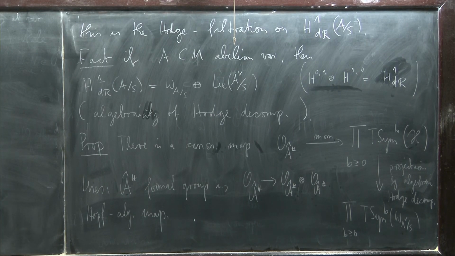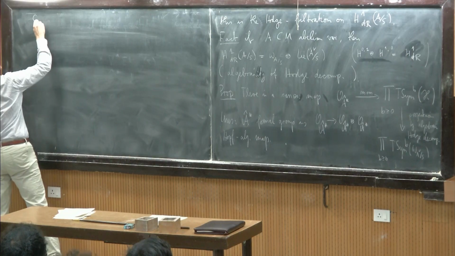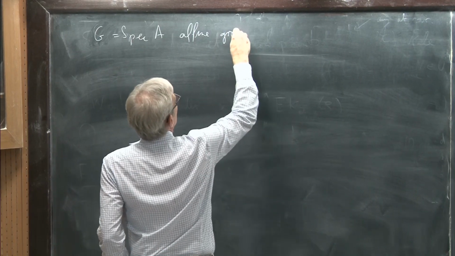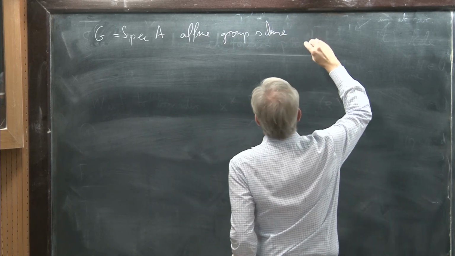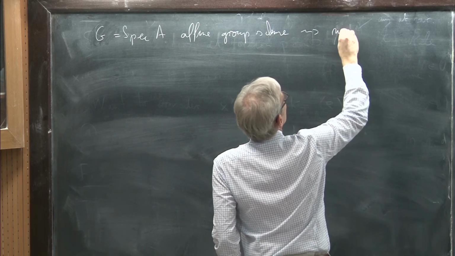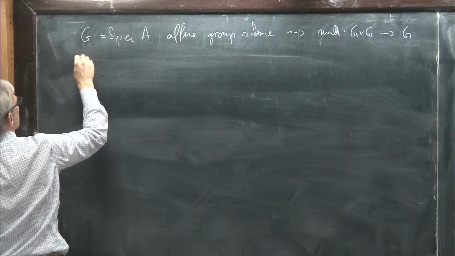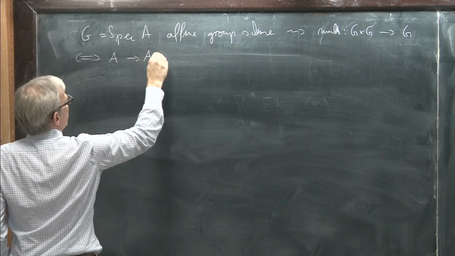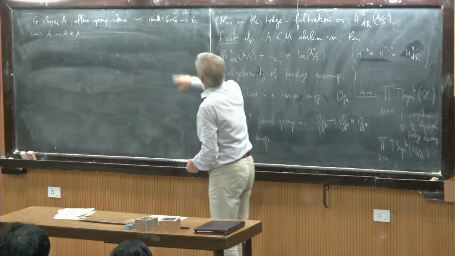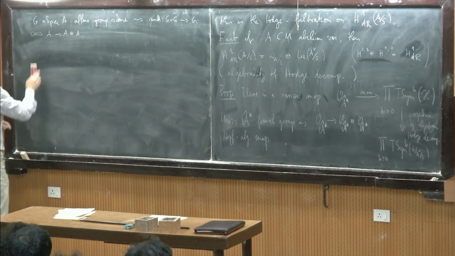So if you have some affine group scheme G equals Spec A, then A is, of course, a ring which defines this group, but then we have the multiplication map from G times G to G, and because this is an affine scheme, this is equivalent to giving a map from A to A tensor A. And that's a co-multiplication, and because this is a group, it satisfies the associativity law and so on, and in our case, even affine.